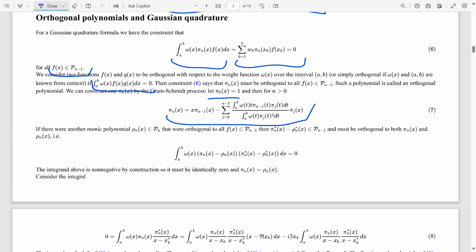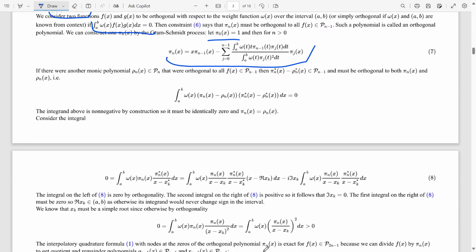Given another monic orthogonal polynomial of degree n, rho n of x, we know that pi n of x minus rho n of x is of degree at most n minus 1, because both those polynomials were monic.